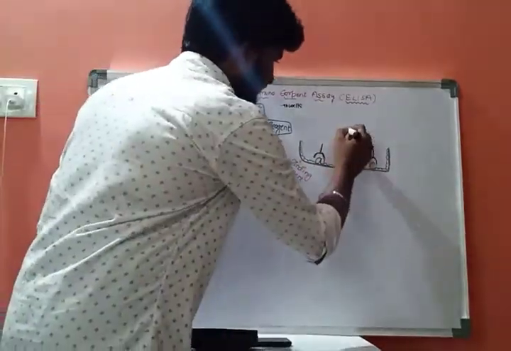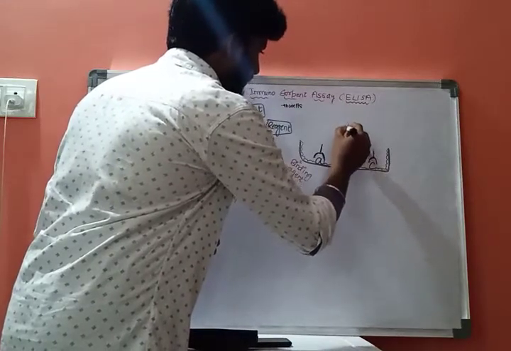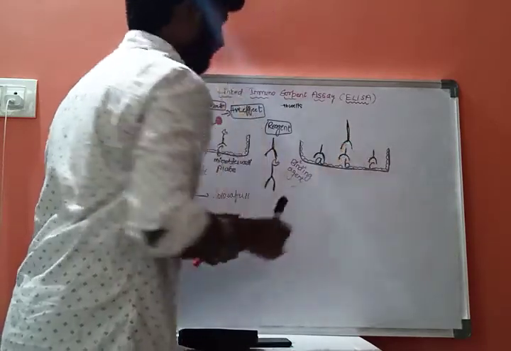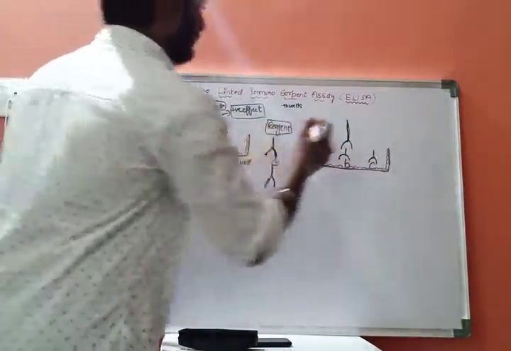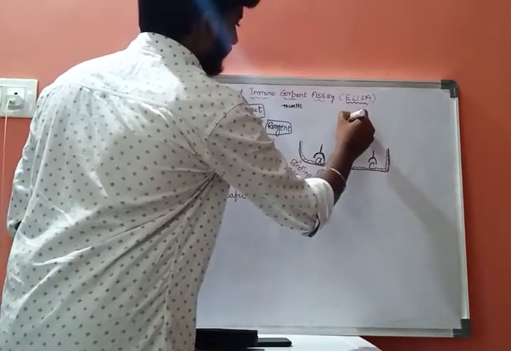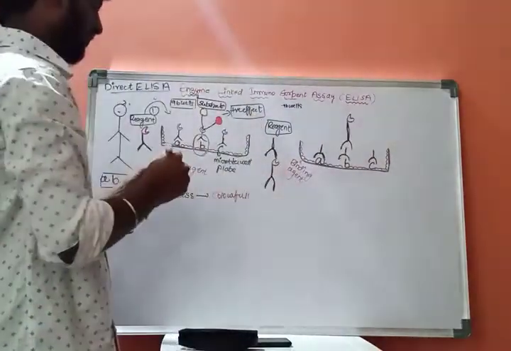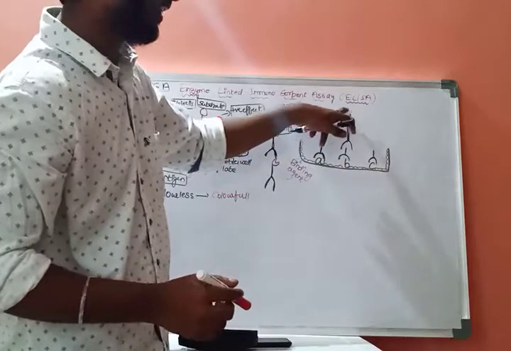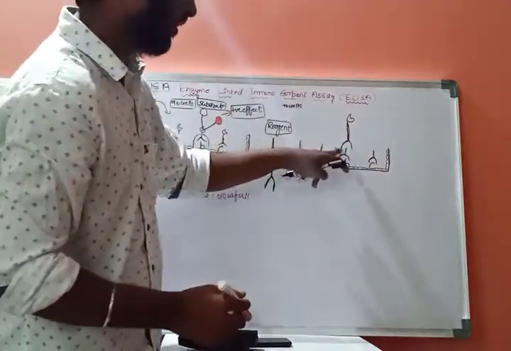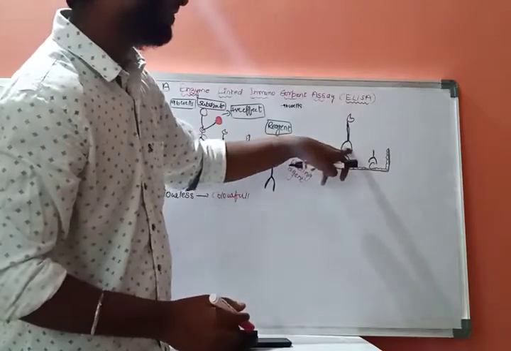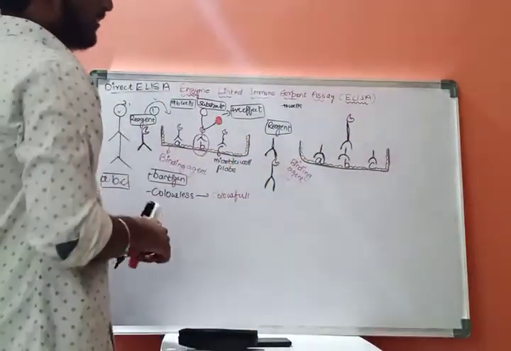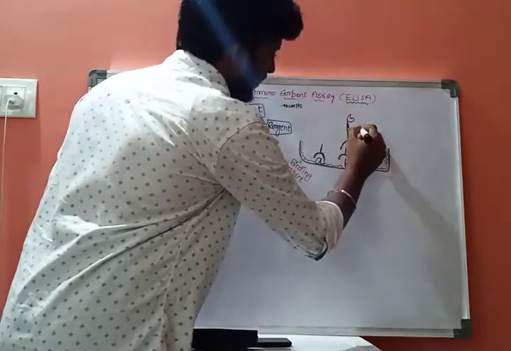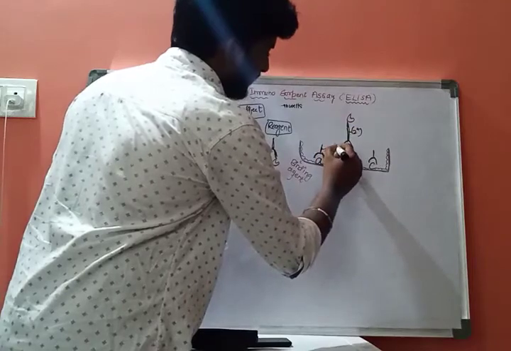On the Fc end of the secondary antibodies there is an enzyme, while on the primary antibodies the Fc end does not contain any enzyme.